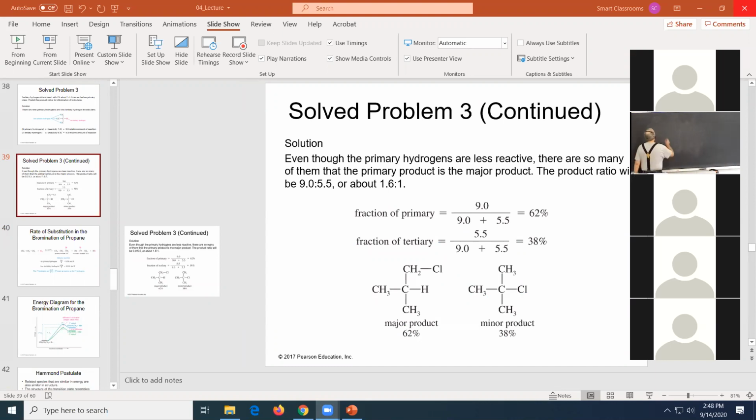So for chlorine, we do it this way. Okay, for chlorine, the relative reactivities are 5.5, 4.5 to 1.